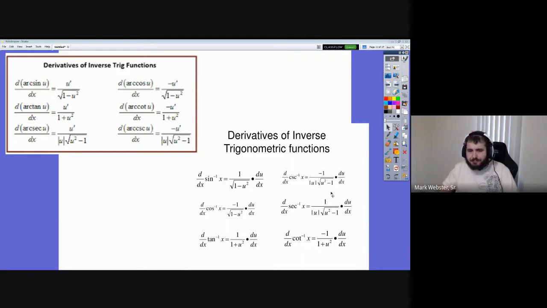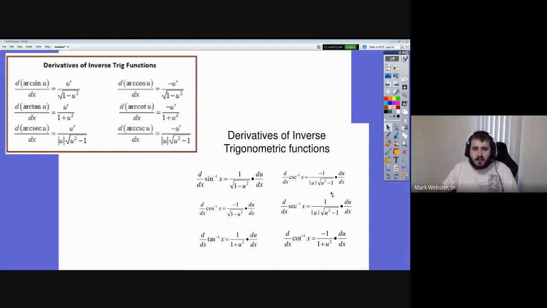That goes on the top, along with potentially a negative sign. And then on the bottom, it basically boils down to one of three things: the square root of 1 minus u squared, 1 plus u squared, or the square root with the absolute value in there.